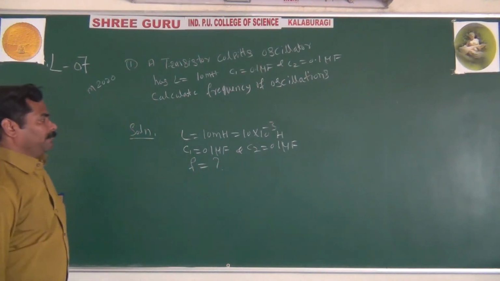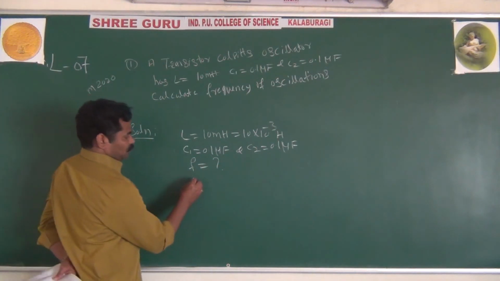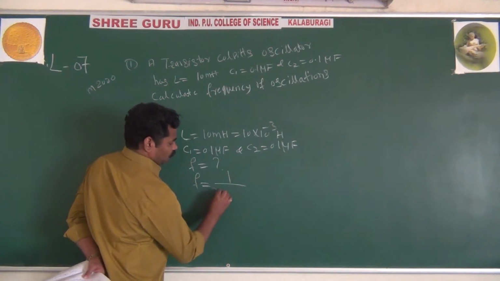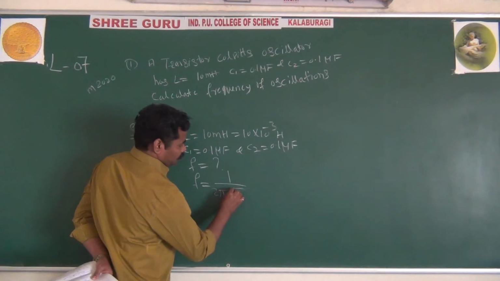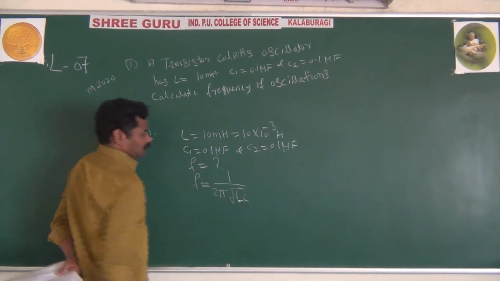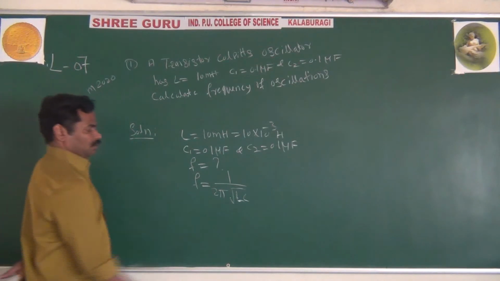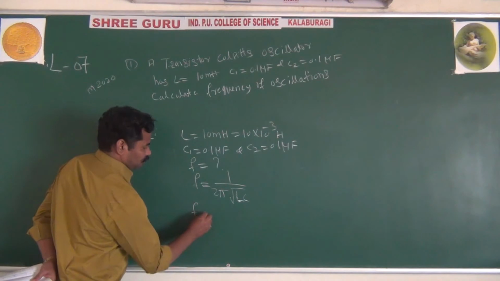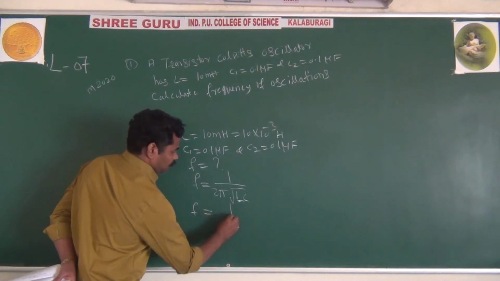Very simple, and use the formula as you know. F is equal to 1 divided by 2 pi square root of L and C. Now, the frequency of oscillation in the Colpitts oscillator is 1 divided by 2 pi square root of L and C, and you have to substitute the values of L and C.